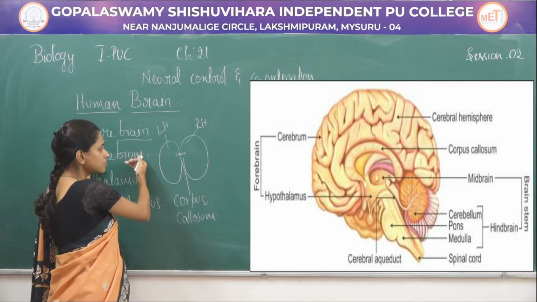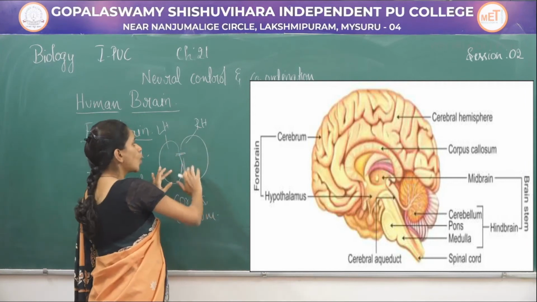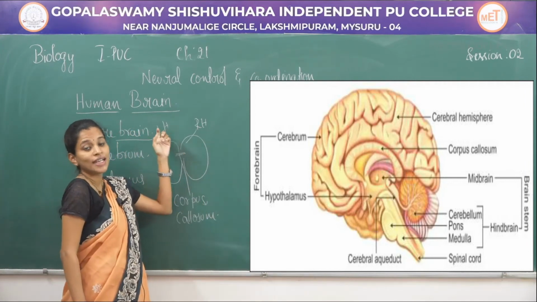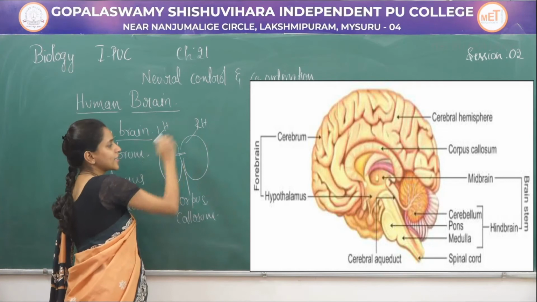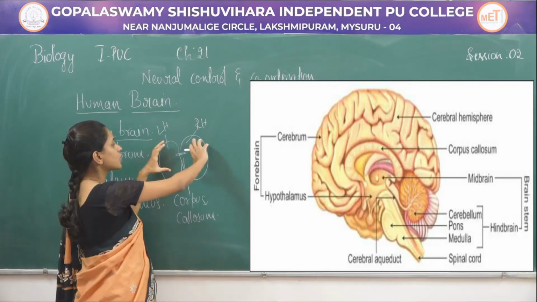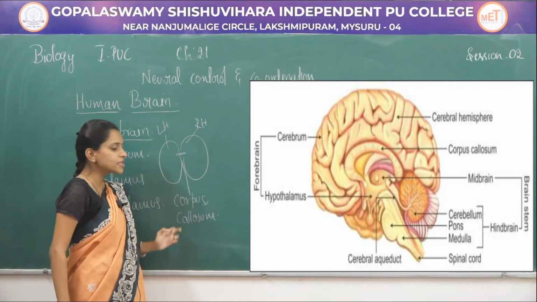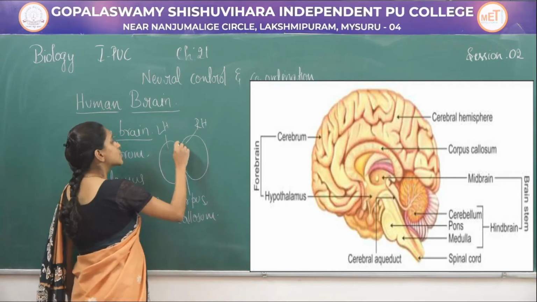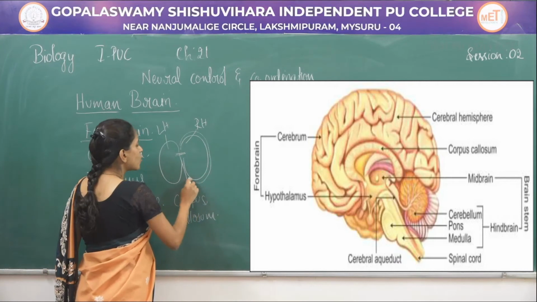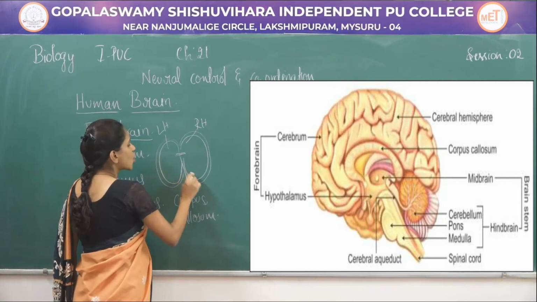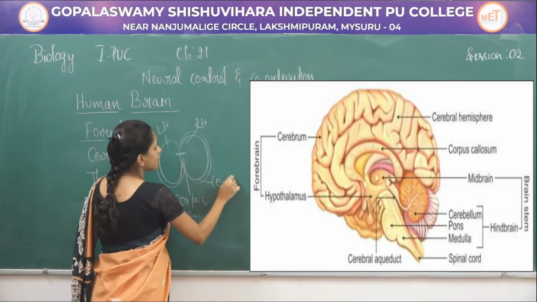The hemispheres have a layer of cells outside, which is called the cerebral cortex.